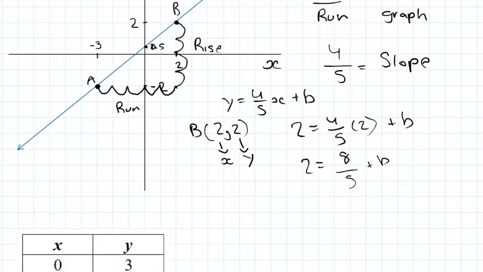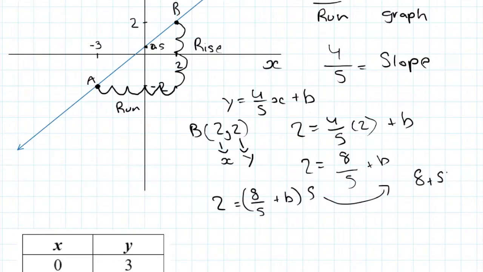Then we need to make both the constant and the variable have the same denominator, so we can multiply both sides by 5. After all of these steps, we get 8 plus 5b divided by 5 is equal to 2.